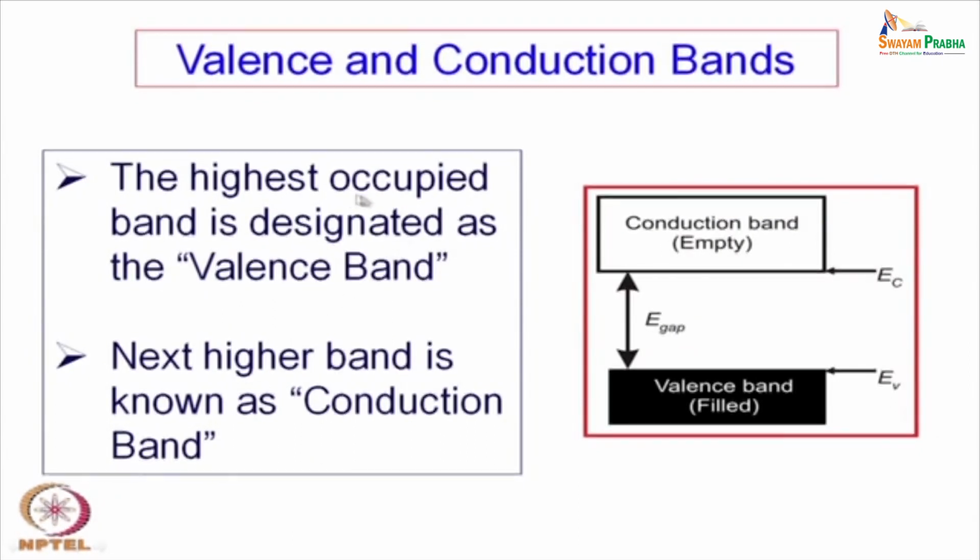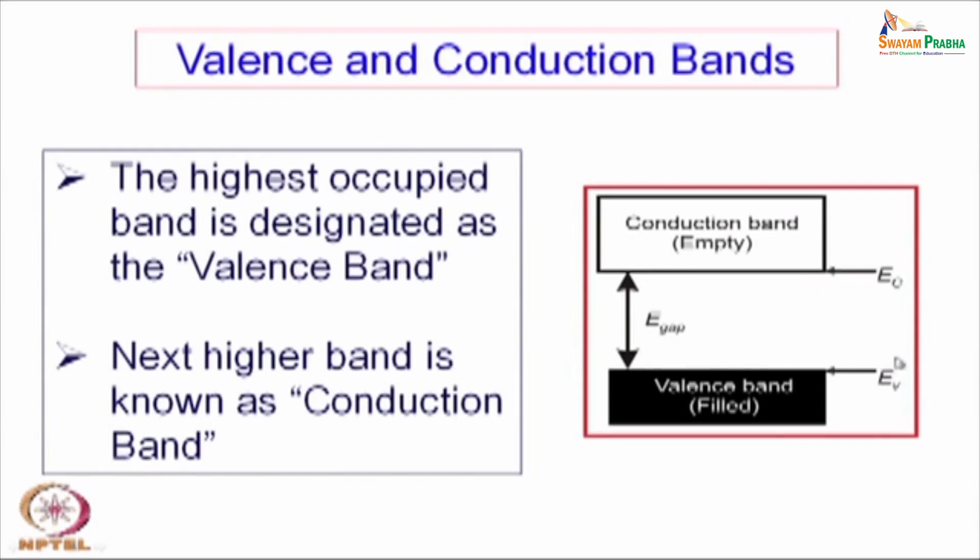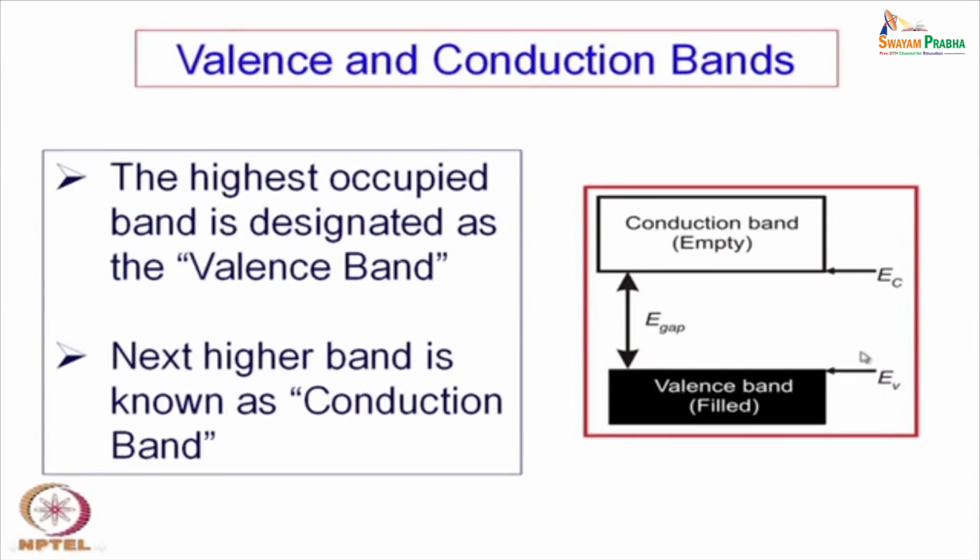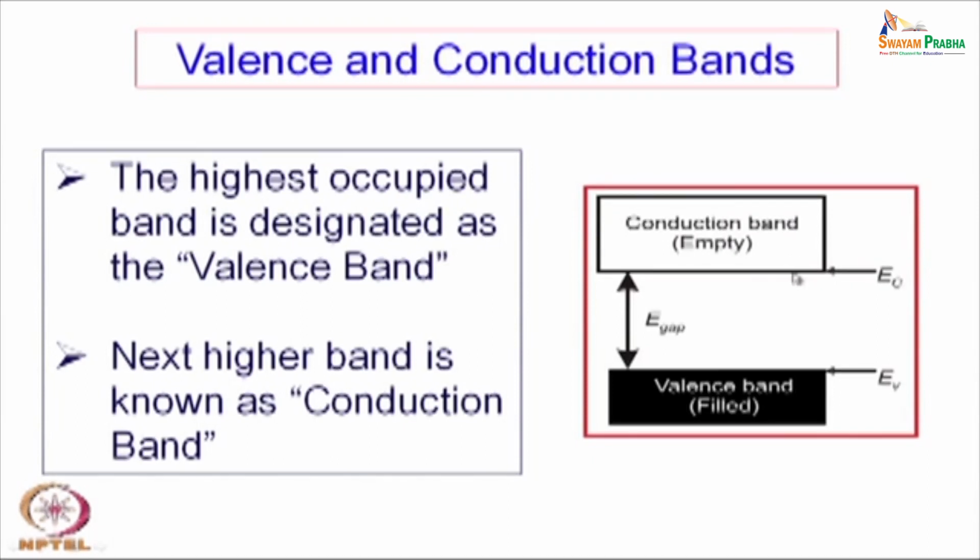So, this is the valency band and conduction band definition, and there is also some nomenclature here. For example, the top of the energy level of the valency band is designated as EV, E subscript V. The bottom of the conduction band, the energy corresponding to that, is designated as EC, and the gap is always E gap.